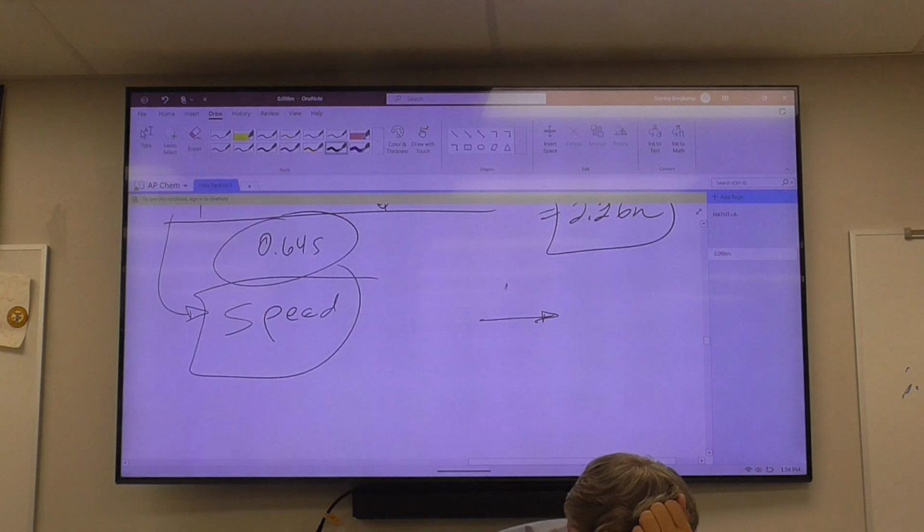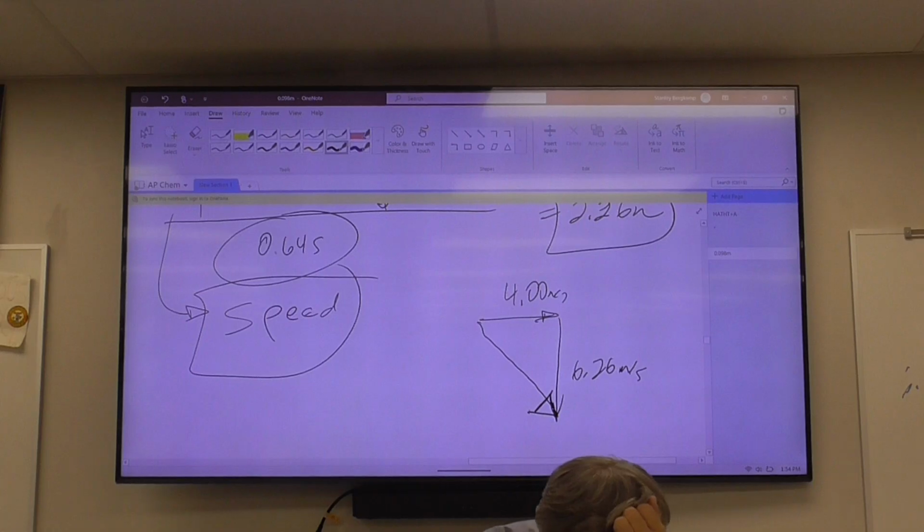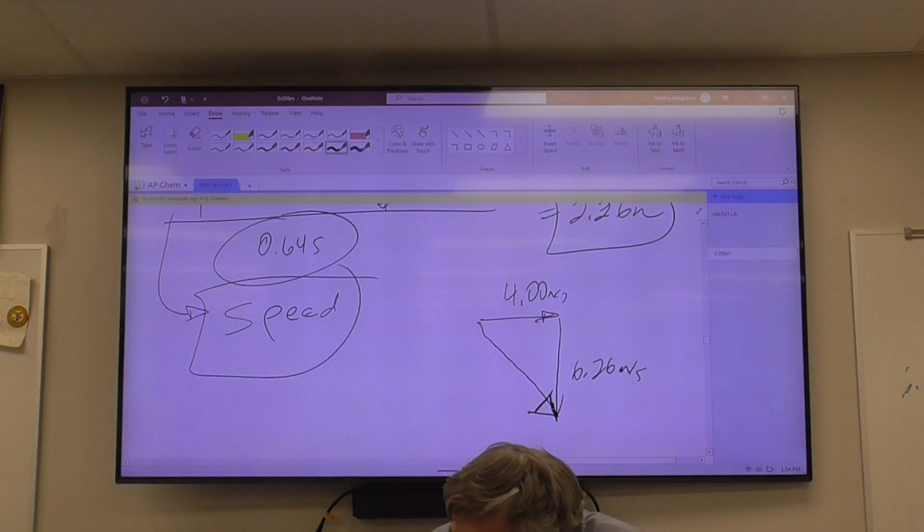It has a horizontal velocity of 4 meters per second, and it has a vertical velocity of 6.26 meters per second. So, Sydney, how am I going to calculate the speed? X squared plus y squared equals this velocity squared, otherwise known as the Pythagorean theorem, right?